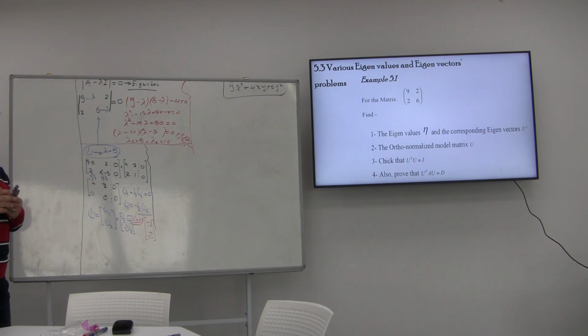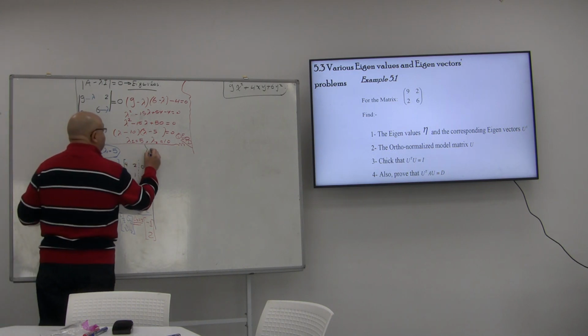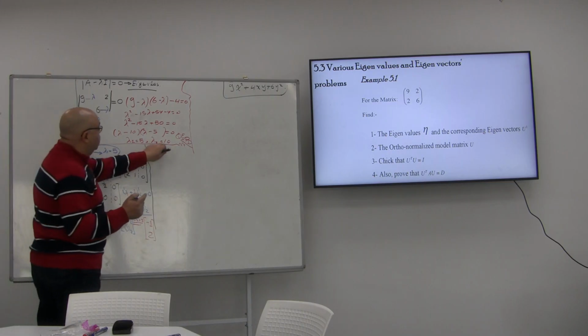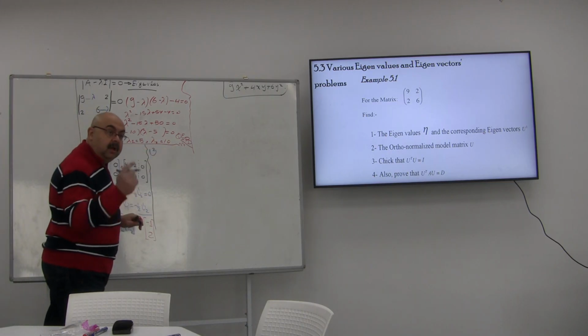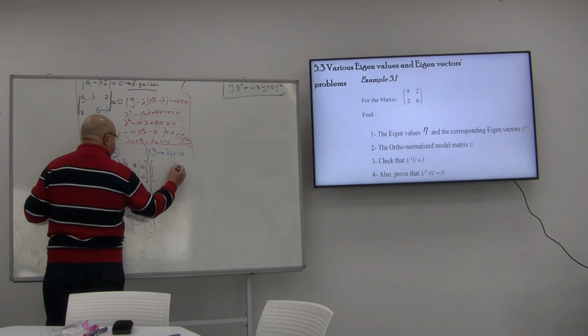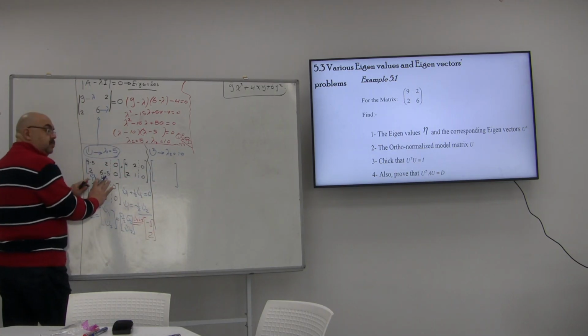I will redo all of these steps once more. But this time, in order to get U2, which is the eigenvector corresponding to what? To 10. How to get it? Remember, okay? Get lambda 2, which is 10. Similar to the previous steps, I will do it once more.